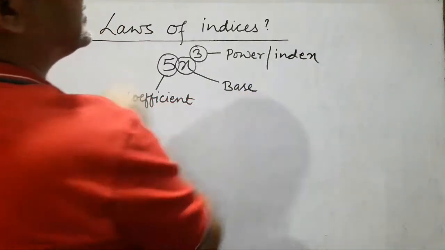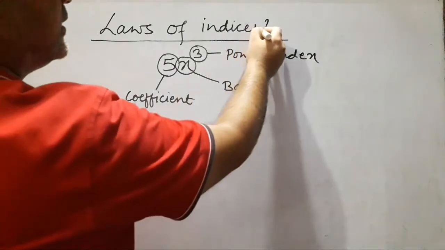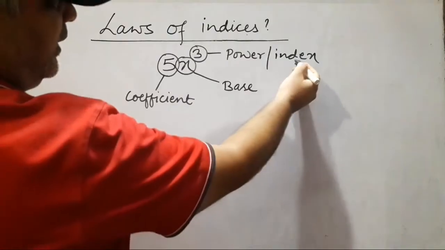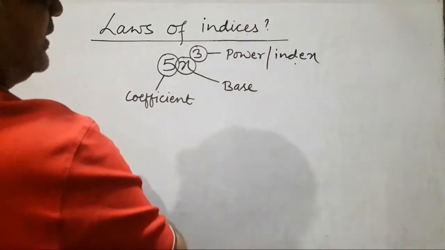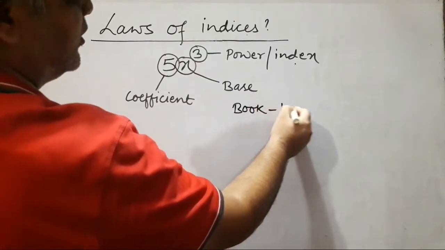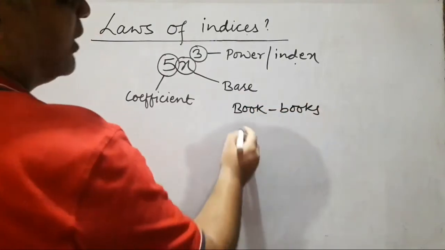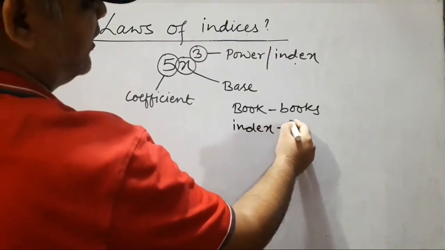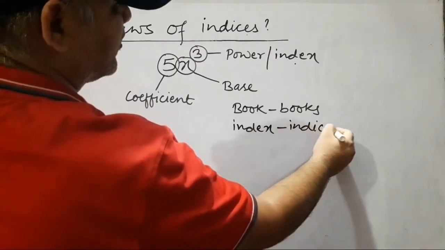And what is indices? Indices is the plural of index. Singular index, plural indices. Like in English, the plural of book is books. Similarly, in math, the plural of index is called indices.